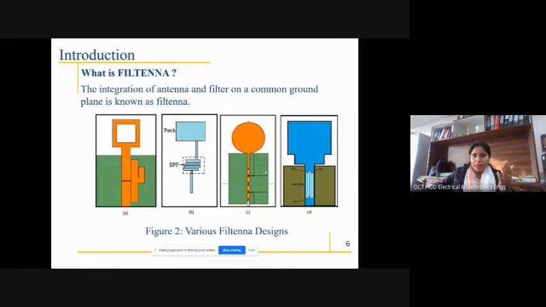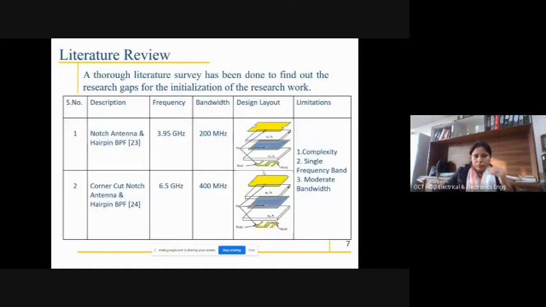As I said, the microstrip substrate consists of a ground plane, so here I am trying to integrate antenna and filter on a common ground plane. This is the literature review of my work. Previously many filtennas have been designed, but those designs were based on single frequency or dual frequency applications only.